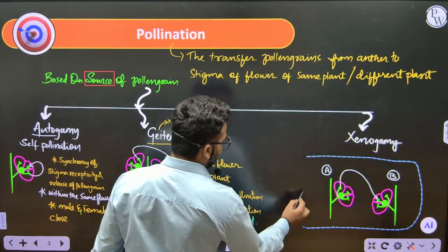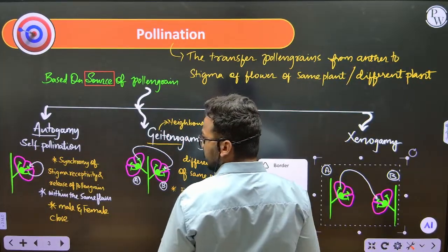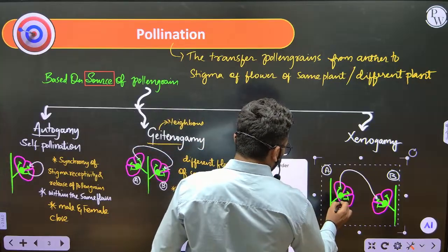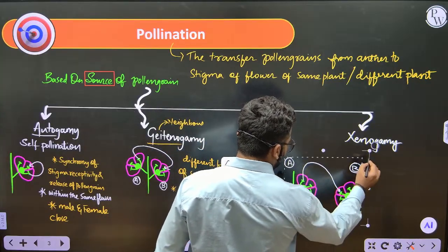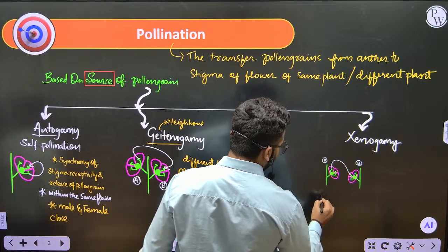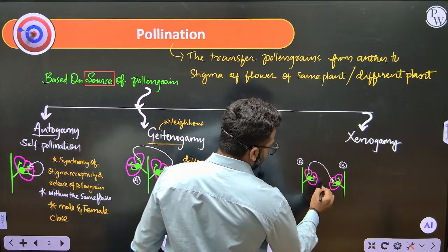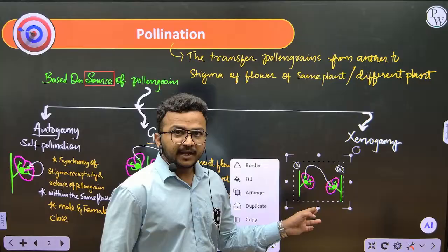So xenogamy is a cross pollination where it takes place between different plants of the same species.